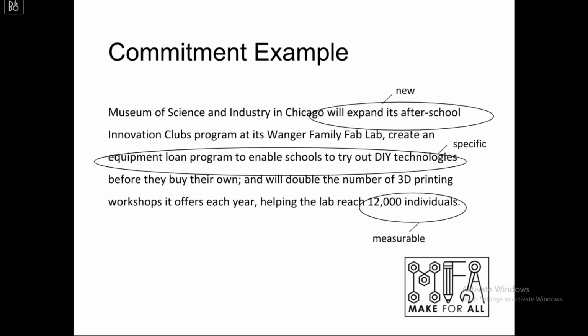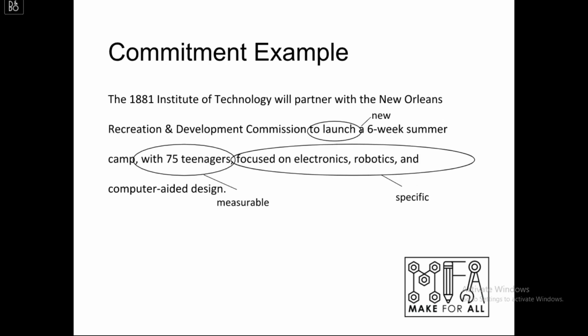So the museum thought that one way they could help support schools in the greater Chicago area was to create this equipment loan program so that schools could have some of this equipment in their schools. They could test it out, and when they have the opportunity and the resources to purchase equipment, they would be even more informed about the choices they want to make in that space.